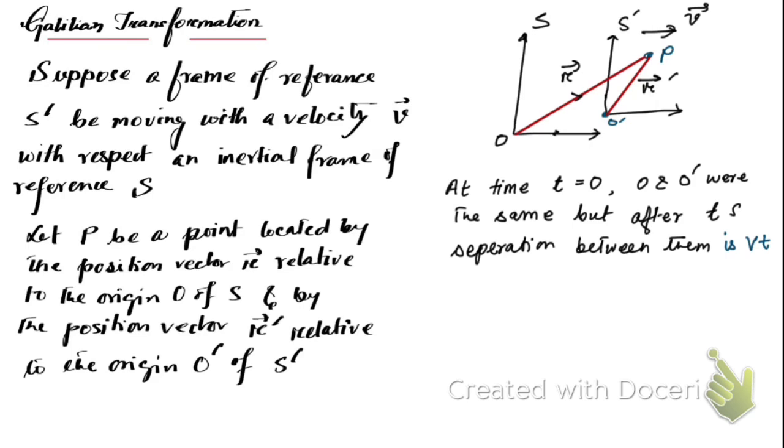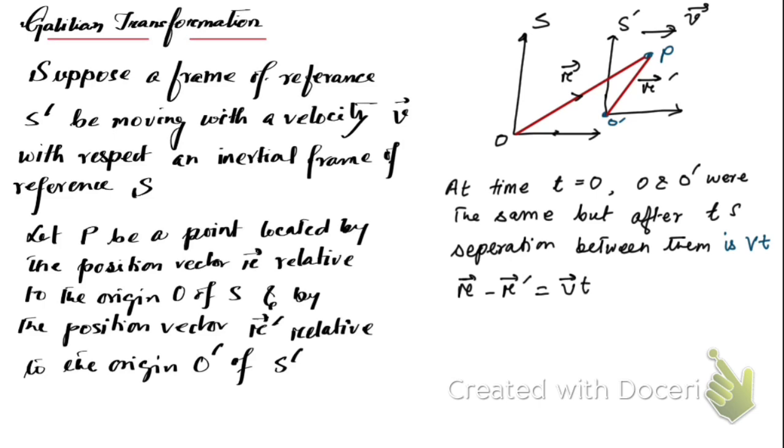So we can write that the separation between them will be R vector minus R dash vector, equal to v into t.